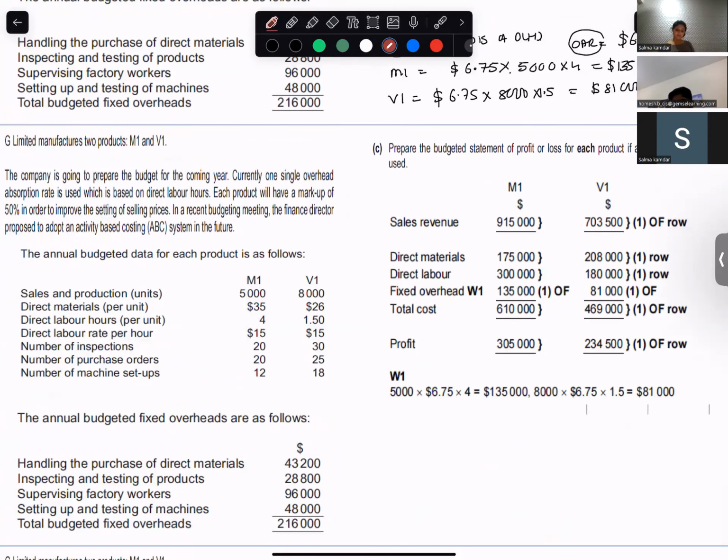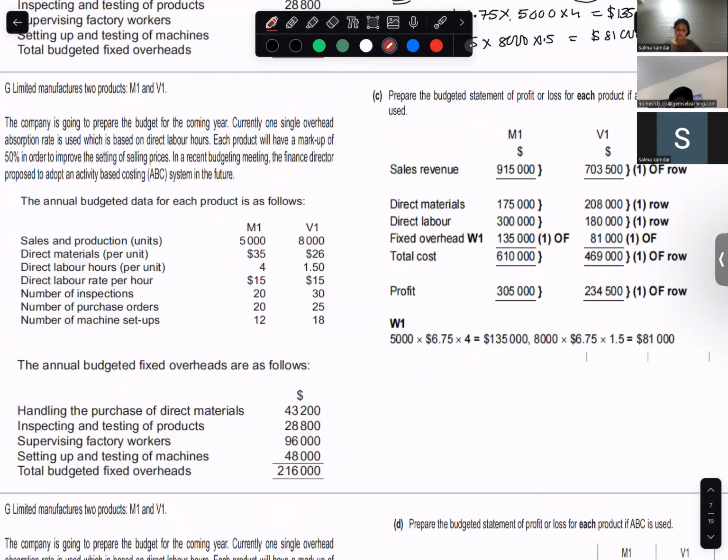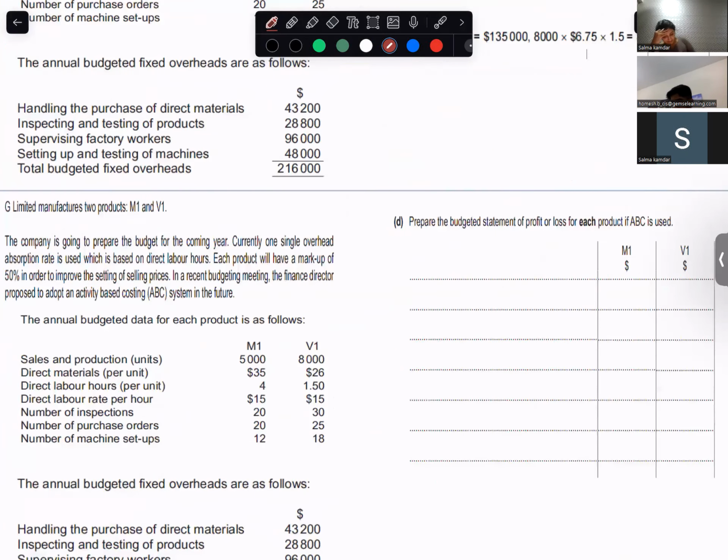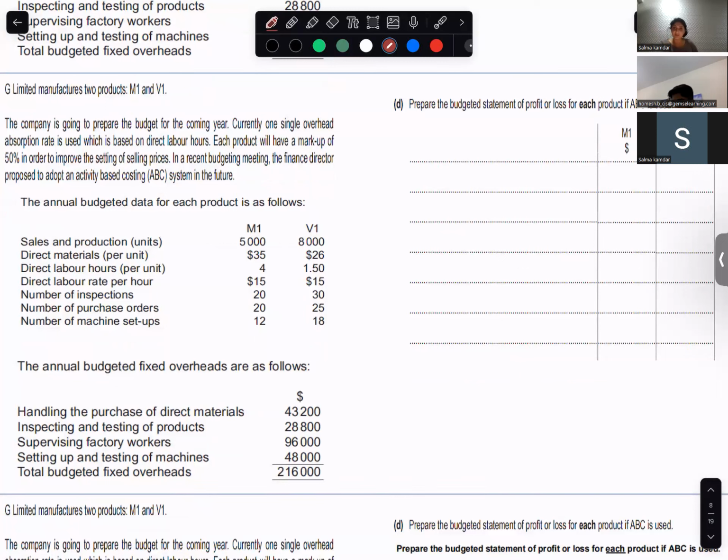So you found out the budgeted statement of profit or loss if absorption costing is used. Now they want you to find the budgeted statement of profit or loss if ABC is used. First you have sales revenue.